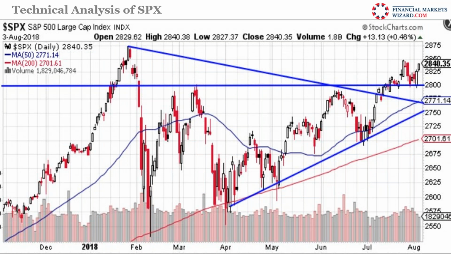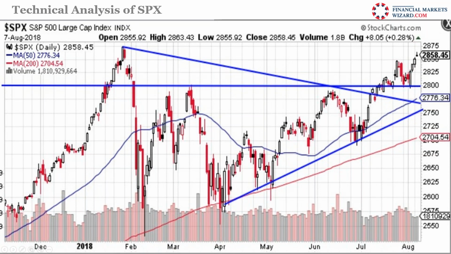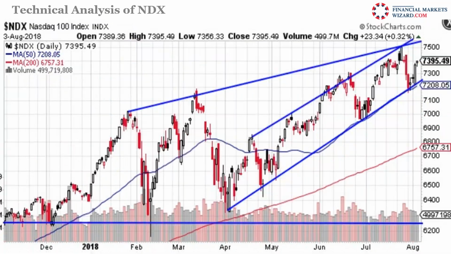Going higher, as you can see, it broke the resistance. So 2815 was the resistance mentioned before. It broke and made a new high compared to the recent one. So going higher. My target is 3120 for the S&P.